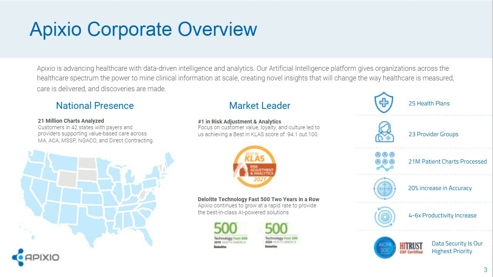And for the last 2 years, we've expanded from risk adjustment into interoperability, quality, as well as prior authorization. Apixio's focus has resulted in being named #1 best in class by its customers in risk adjustment and analytics. And with Apixio's growth, we have been listed in Deloitte's Technology Fast 500, 2 years running.